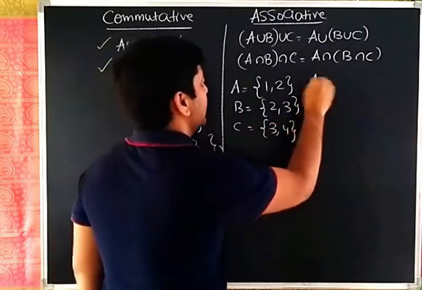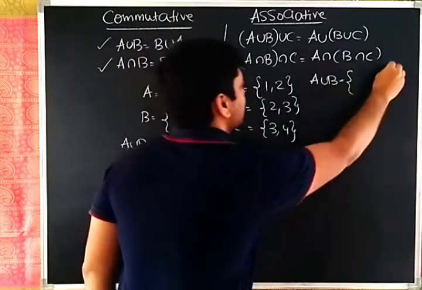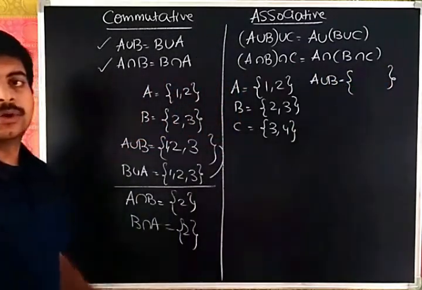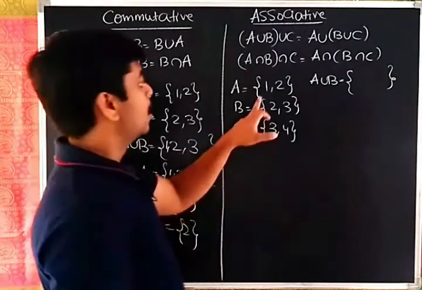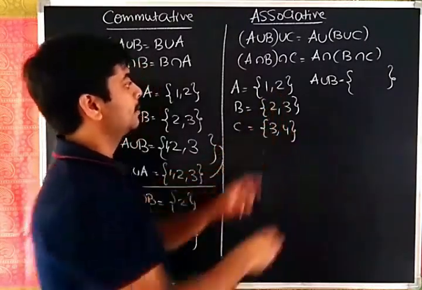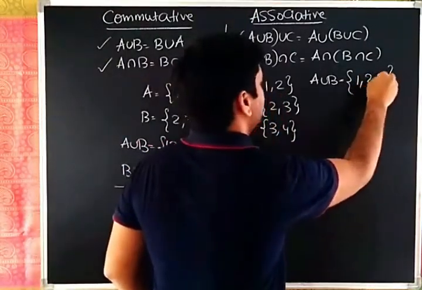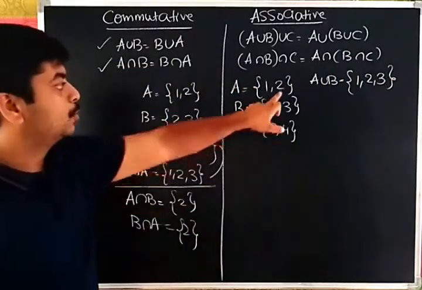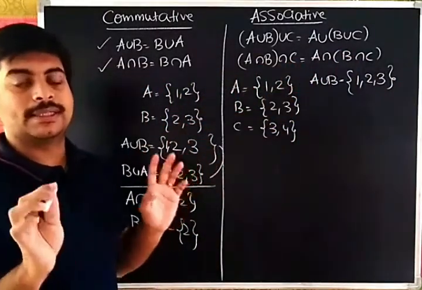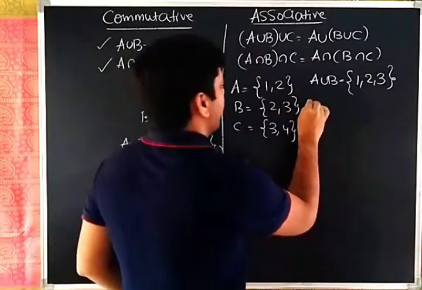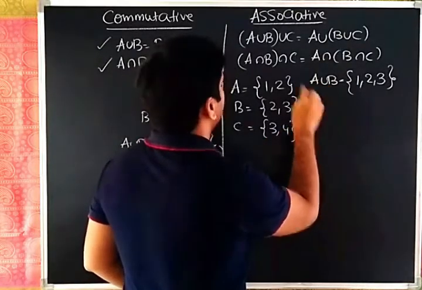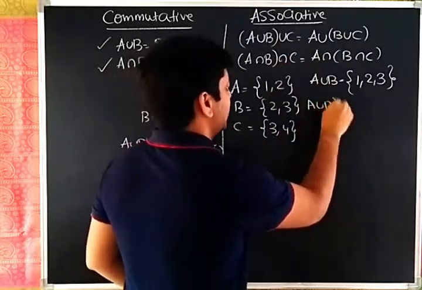Tell me what is A union B. All the elements in A and B should be written here. What are all the elements? 1, 2, and 3. So 1, 2, 3. No need to write 2 times. Writing 1 time is sufficient in a set. What about A union B union C?